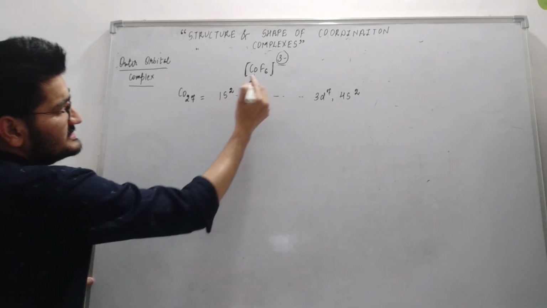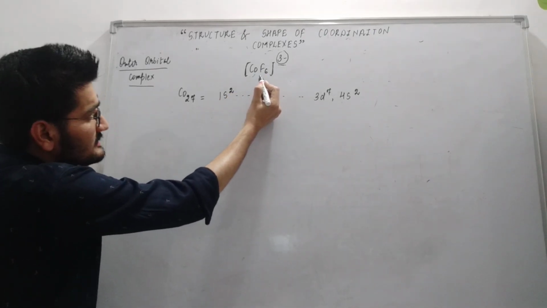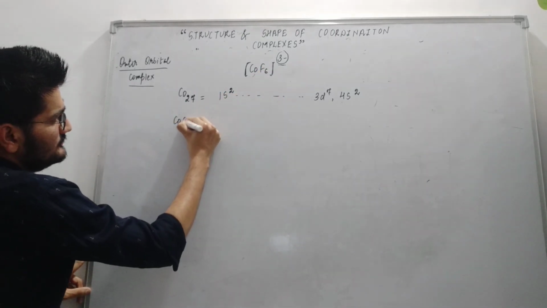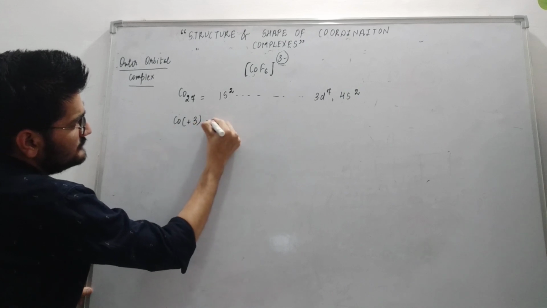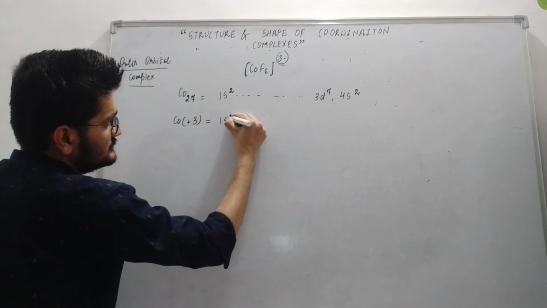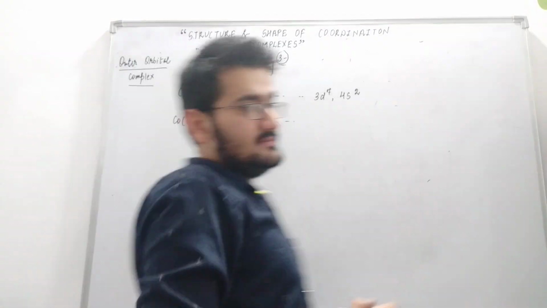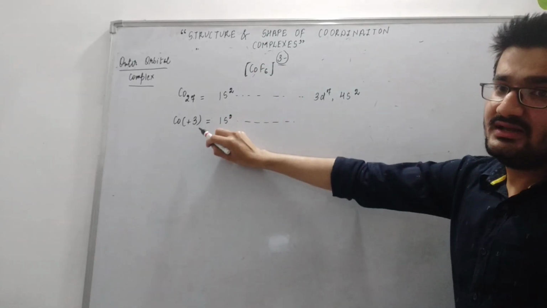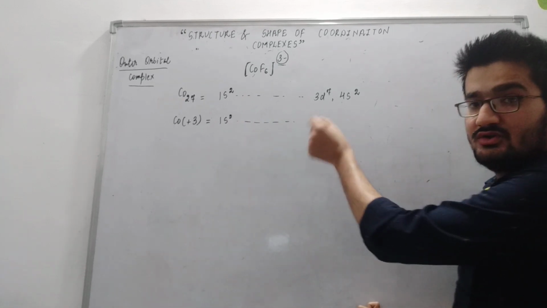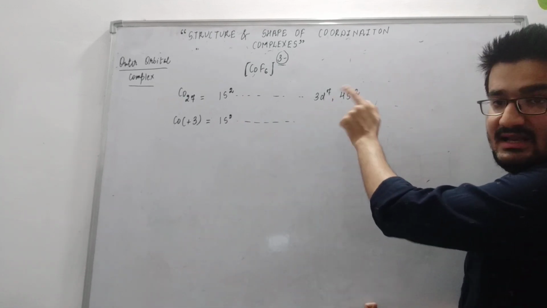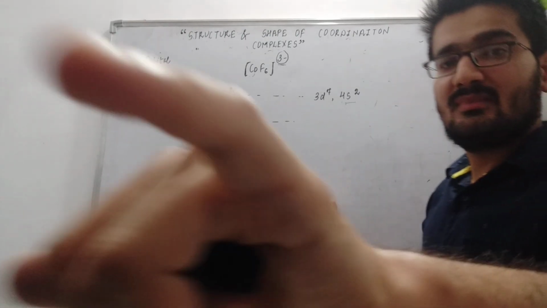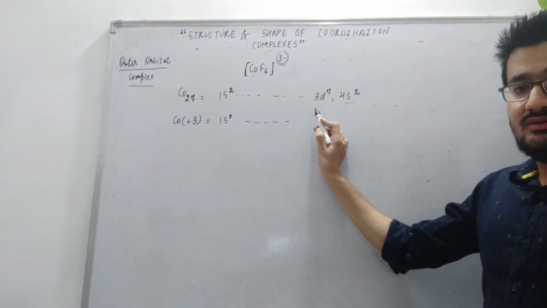Now, on this side the cobalt is not in neutral form. The oxidation state is +3. So we have to show the electronic configuration for cobalt +3. In +3, 3 electrons have already been eliminated from the neutral cobalt atom. So 2 electrons we eliminate from the 4s and 1 electron from the 3d.